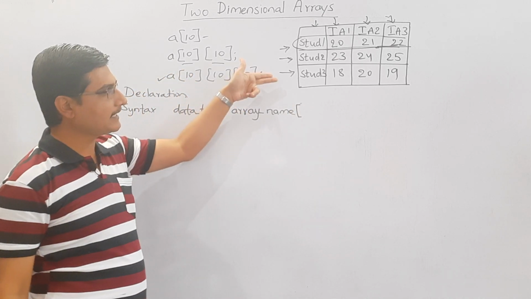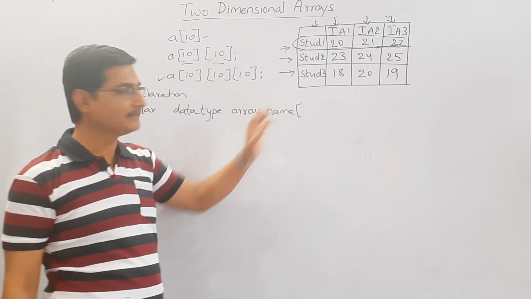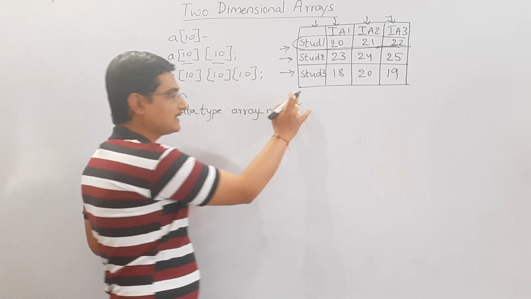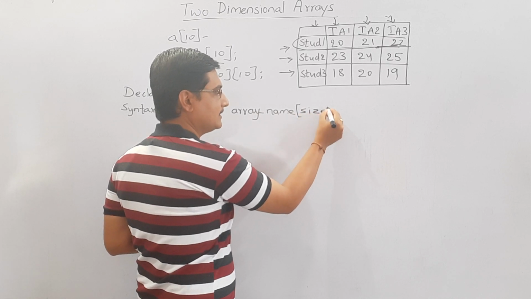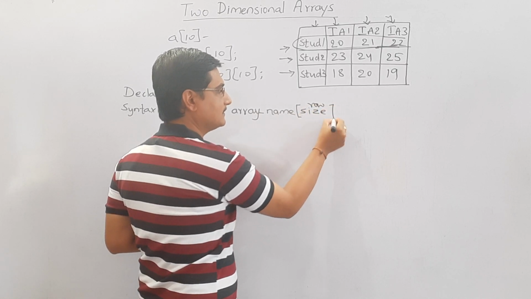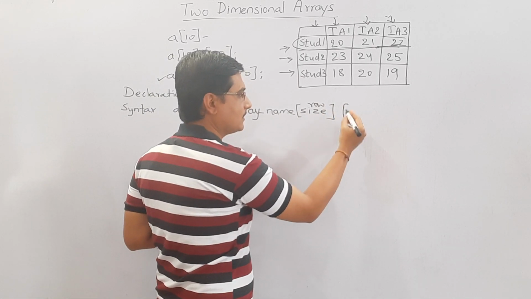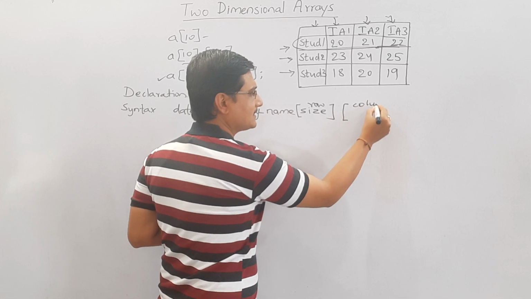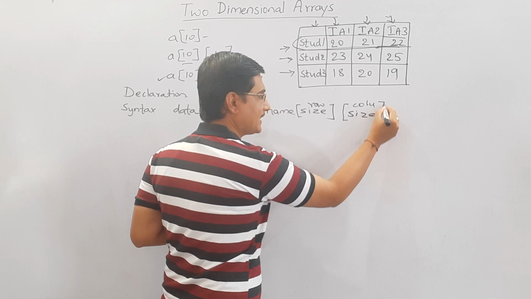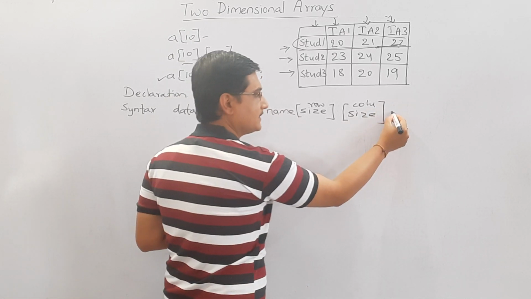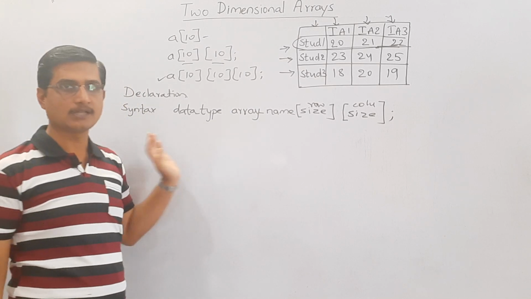If the data is in table format, or mathematically in matrix format, all these are examples of two-dimensional arrays. The first size indicates the row size, that is the number of rows starting from 0th row, and the second subscript indicates the column size, that is the number of columns starting from 0.